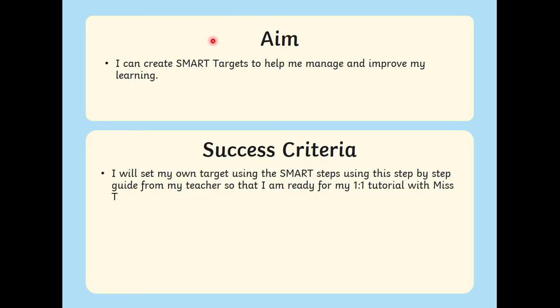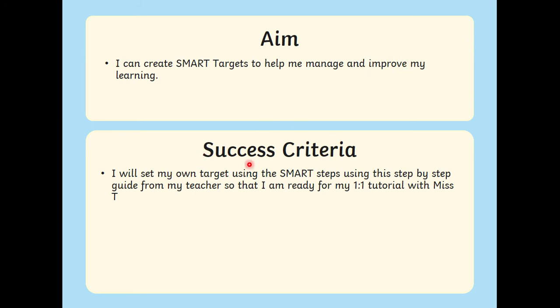Okay, so our aim today: I can create SMART targets to help me manage and improve my learning. For some of you, you may be looking at just specifically managing your learning and maybe creating yourself a timetable so that you actually engage in the learning that's set for you, and some children will be striving to improve their learning. So let's have a think about a success criteria.